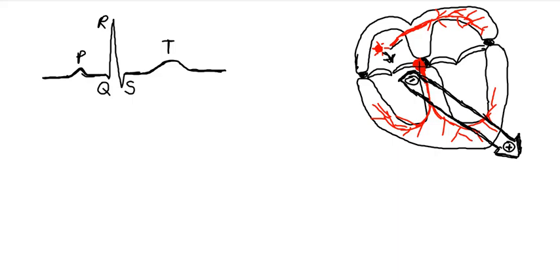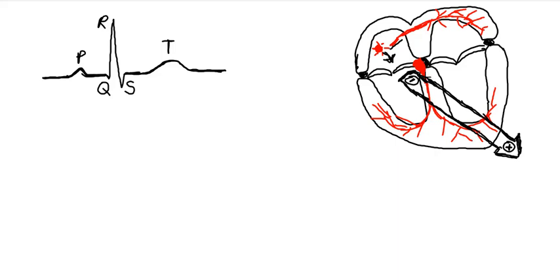The ECG machine does not detect any electrical activity here, so the heart is said to be electrically silent for that moment, almost 0.1 second. That's why this segment here, we call it the PR segment. This is isoelectric, meaning it is neither positive nor negative, no deflection at all, because the heart is electrically silent.